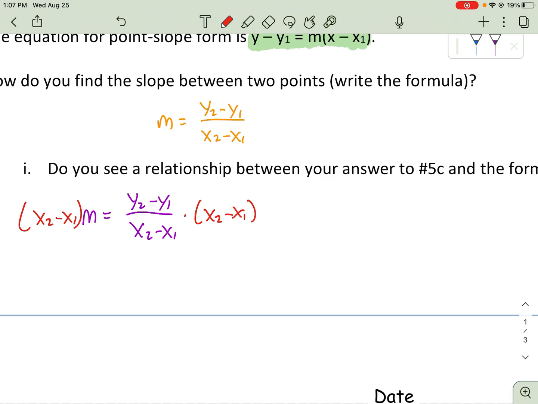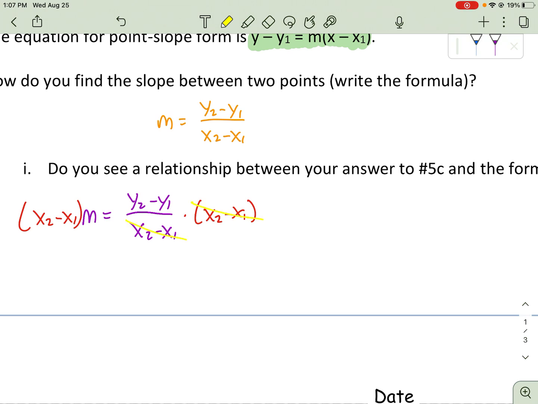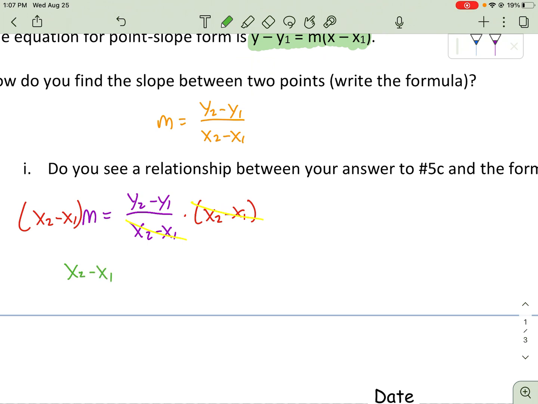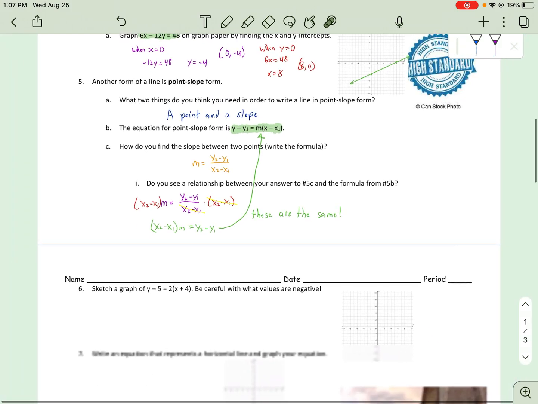But it works, and when I do that, the x2 minus x1 cancels on this side, leaving us with x2 minus x1 times m equals y2 minus y1. And that's actually exactly the same as this. So the point slope form of a line, this thing written right here, just comes from this formula. It's just that formula rewritten. And I know you've seen that formula before, and you've probably used it 100 times.